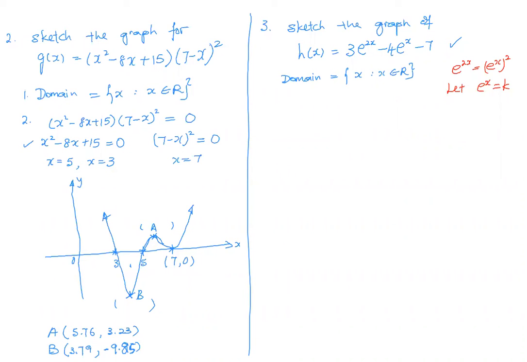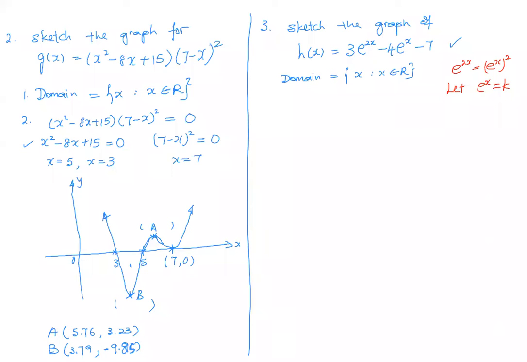Then after that, you use your graphic calculator to get the shape of the graph. If you don't know what domain to put, you put zoom fit, zoom standard. Yes?